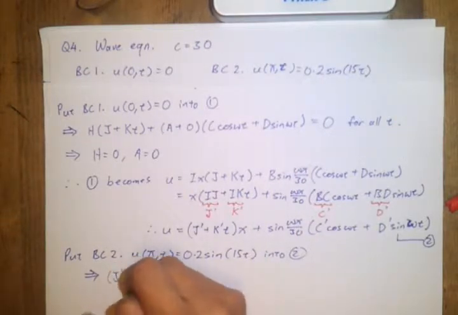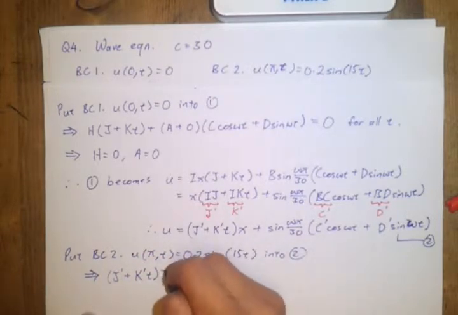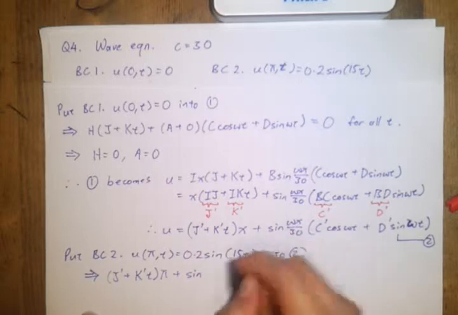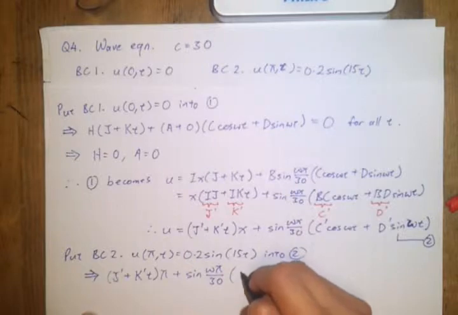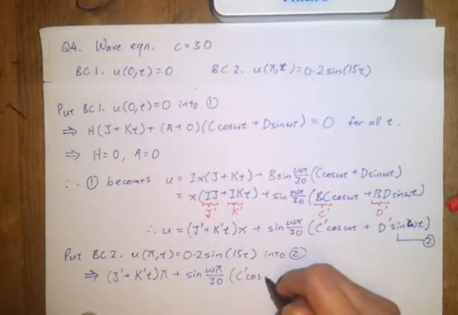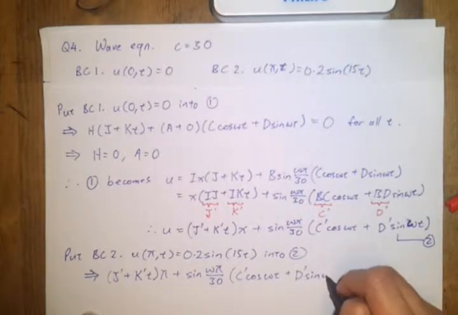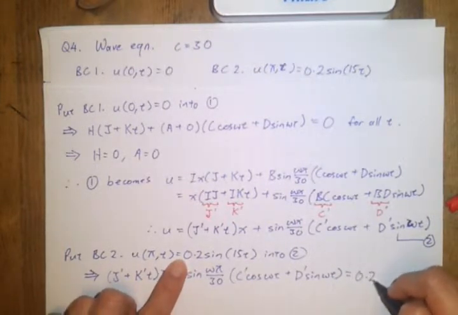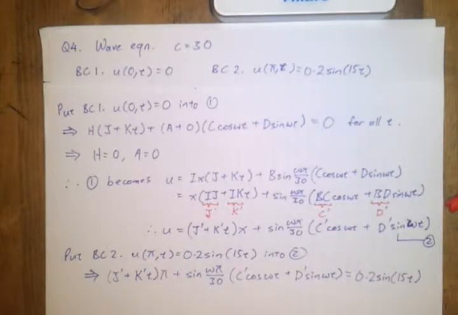So j prime plus k prime t, times pi, plus sine omega pi over 30 times c prime cos omega t plus d prime sine omega t, and this must be equal to 0.2 sine 15t. Again, this has to happen for all values of t.